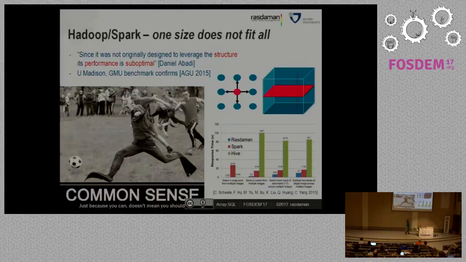People at George Mason University, University of Wisconsin-Madison, and so on, have done benchmarks where indeed the green one, Hive, was faster than Rasterman when it comes to accessing a single pixel. Hooray, good. But whenever you want more than that, performance times skyrocket with those systems, whereas our architecture is specialized and is faster.